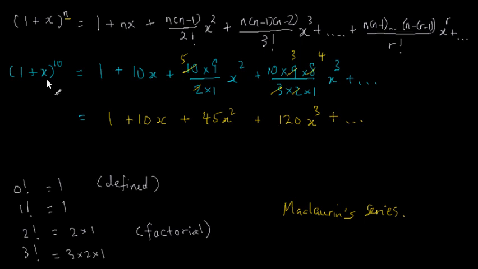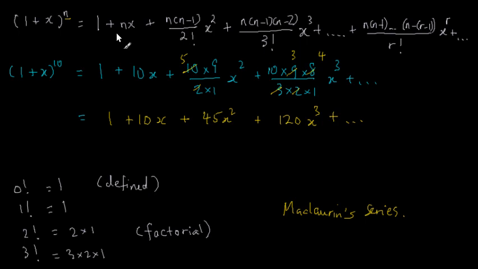For example, when the power is 10, it means that I have to multiply 10 of these 1 plus x factors together. And this also means that I would have a fixed number of terms in the expansion.